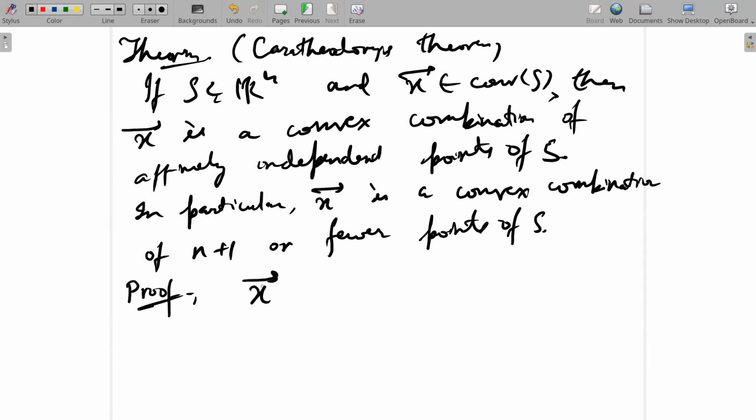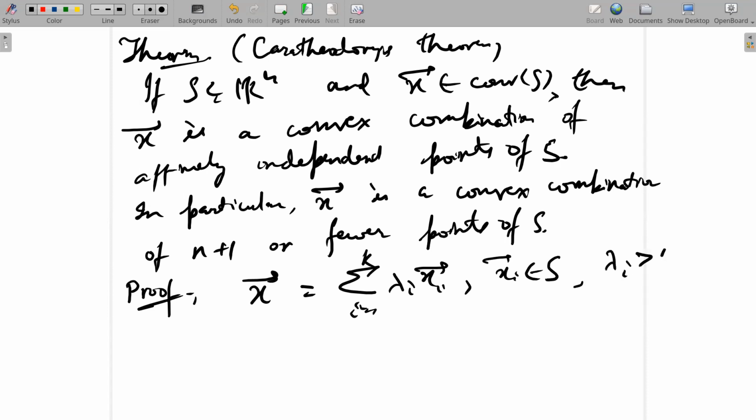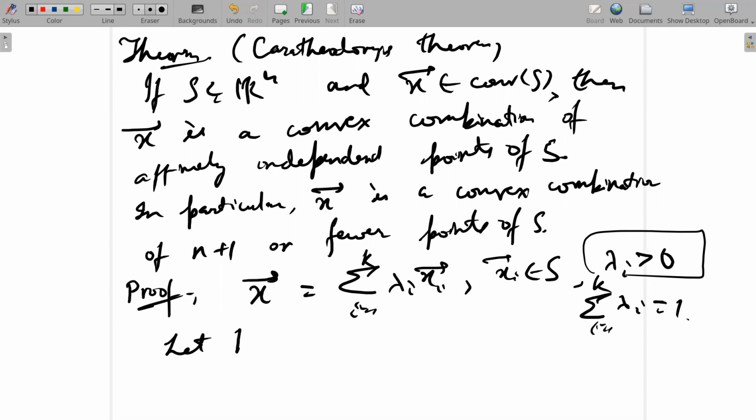First of all, X is a convex combination, so I can always write it in this manner: the summation i equals 1 to k of lambda i xi, where xi belongs to S and lambda i is strictly bigger than 0, and the summation i equals 1 to k of lambda i equals 1. Strictly bigger than 0, because if it is 0, you just discard that term. And let k be the minimal such number.